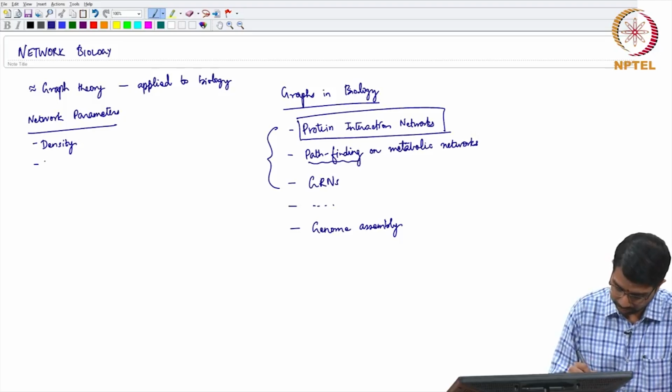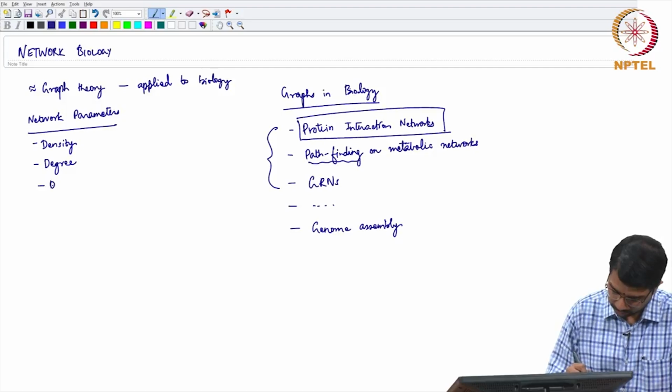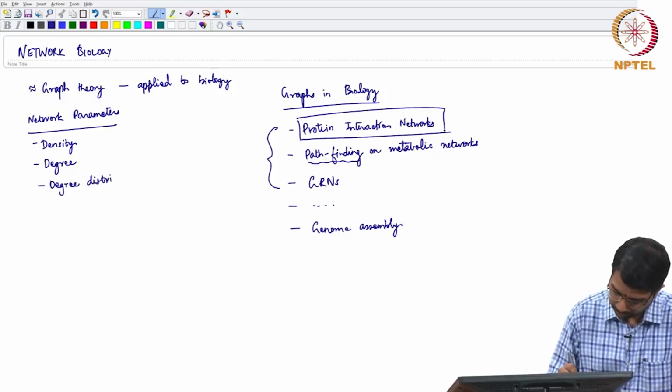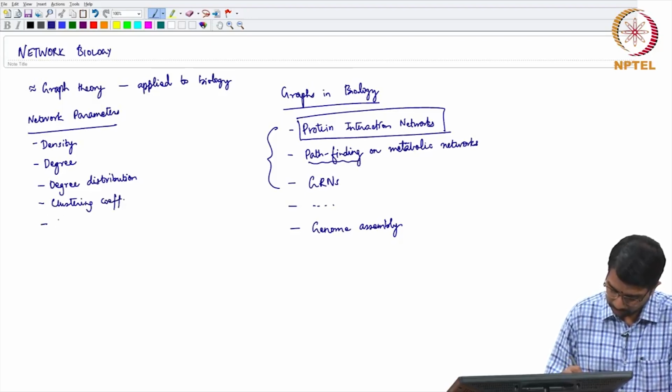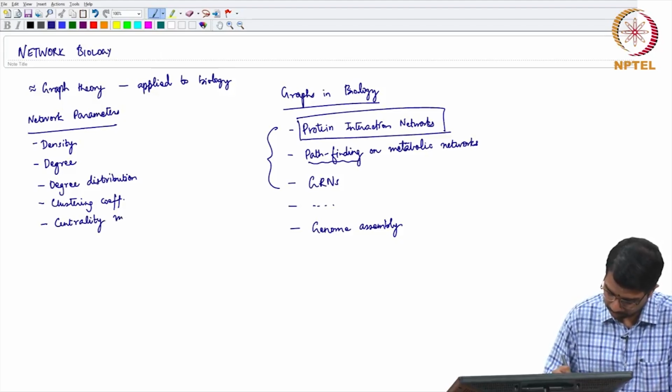Then we looked at degree, most importantly degree distribution, the concept of clustering coefficient, and various centrality measures.